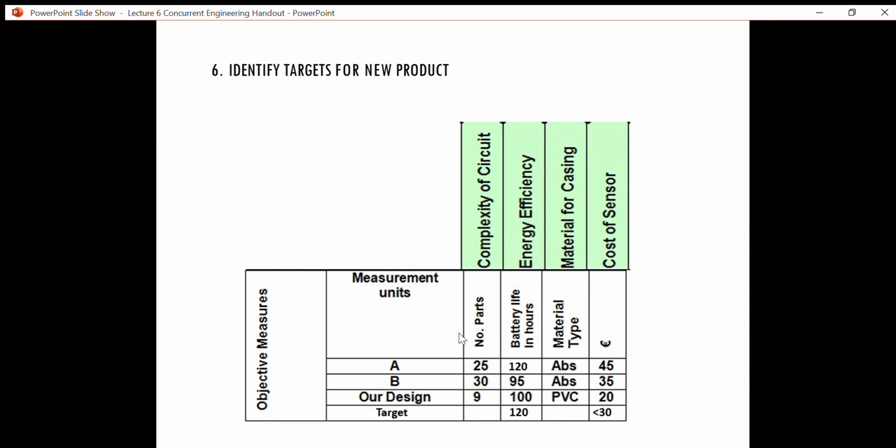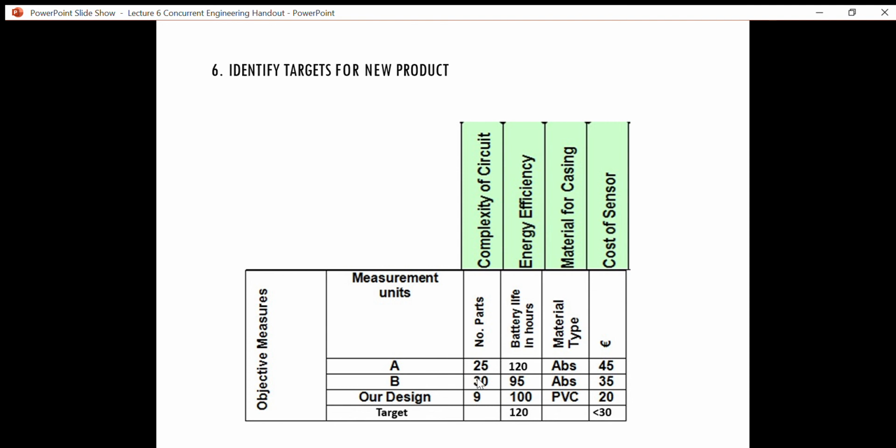For the complexity of circuit, our target is 9 parts, because company A's product uses 25 and B uses 30 parts, which is more complex. So we target 9 to make it simpler.